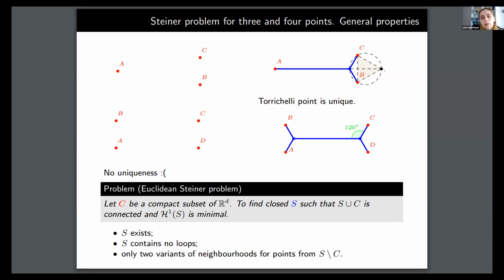It means that sometimes we don't have uniqueness. So for example, for the vertices of the square, we have two Steiner trees, two solutions of the Steiner problem.